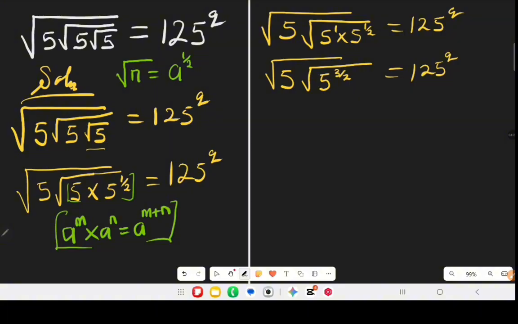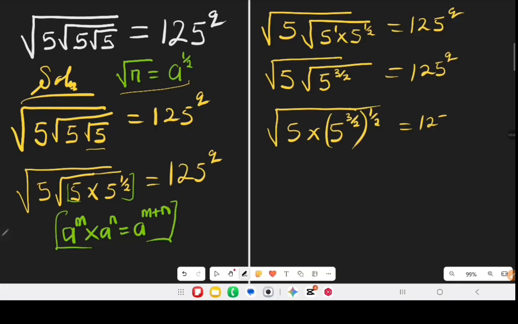Now we continue. We apply this law of indices again, where we change the root to power. Then if we apply it, we are going to have root of 5 times 5 raised to the power of 3 over 2, all raised to the power of 1 over 2 again, equals 125 raised to the power of q.